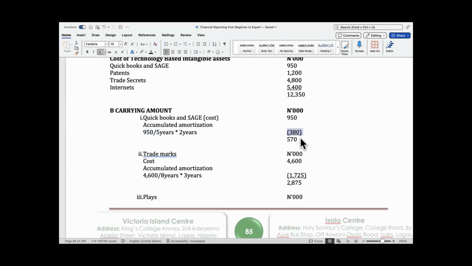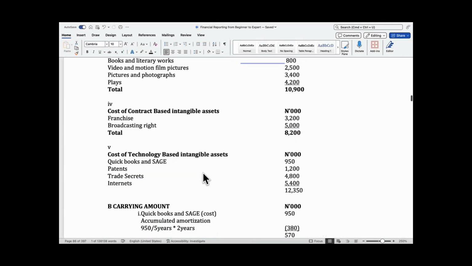The same approach applies to the trademark. Given the cost above as 4,600, the accumulated amortization is 4,600 divided by the useful life multiplied by the total years in which you have charged that amortization. They gave us the useful life as 8 years.